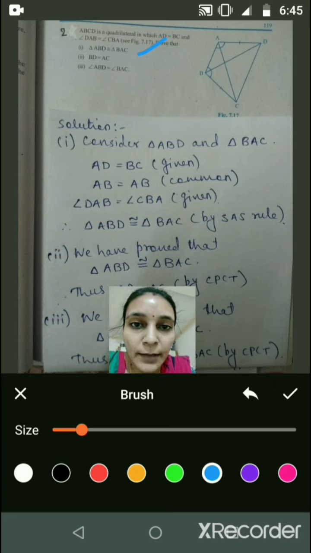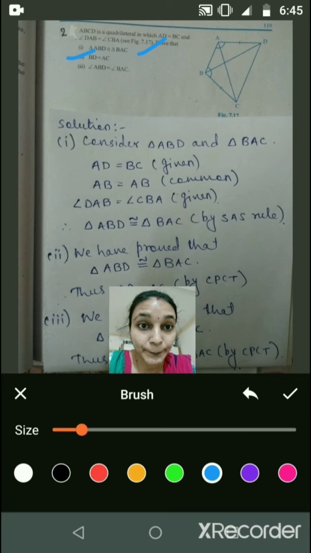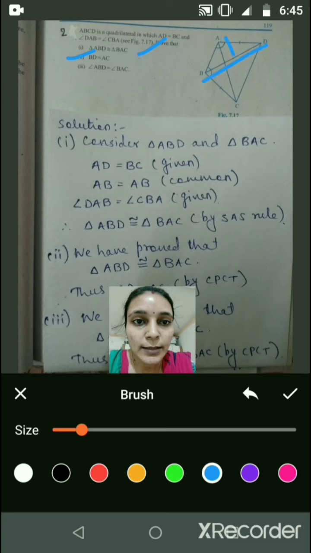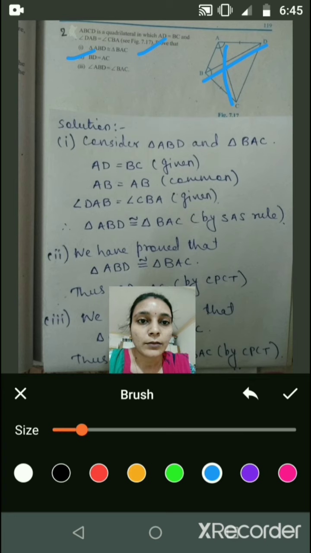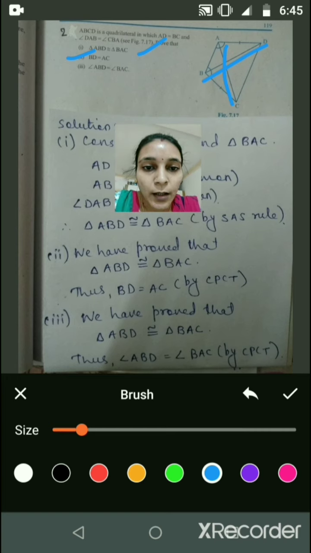Now the second part is BD is equal to AC. In the figure, this is BD and this is AC. We want to show both are equal. We have already proved that triangle ABD and triangle BAC are congruent.